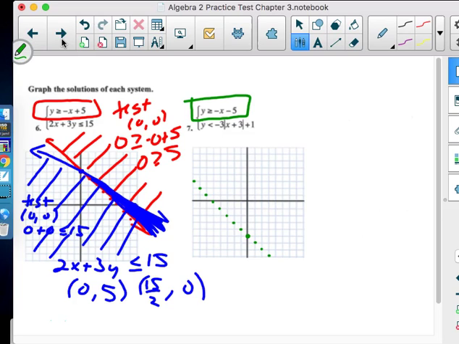So dashed or solid, everybody? Solid? Yeah, has an equals bar. Go ahead and test 0, 0 in there and let me know if we should be shading towards 0, 0 or not.